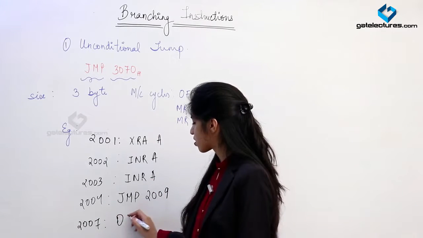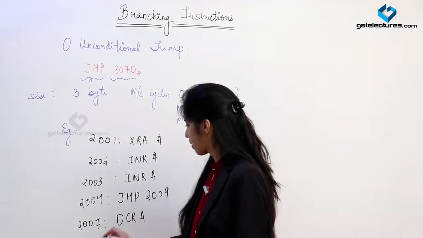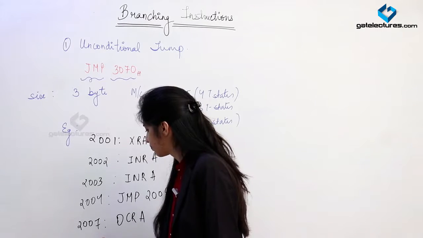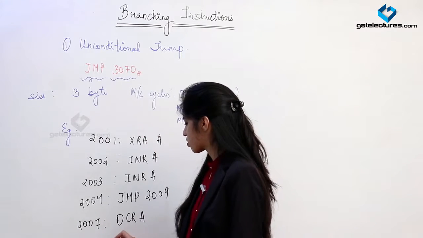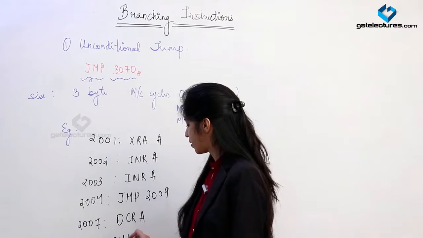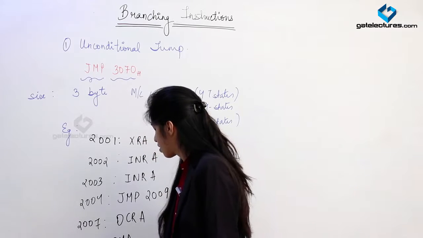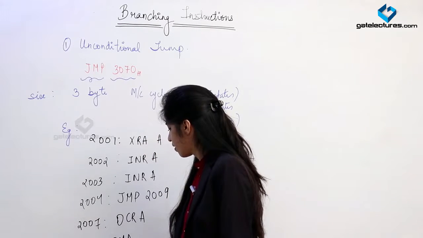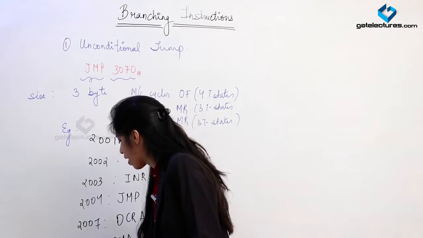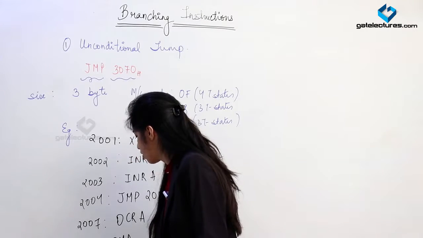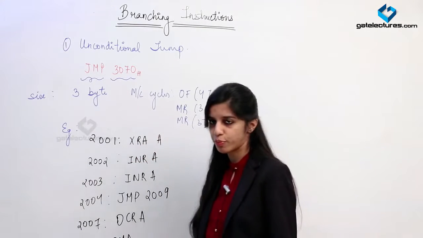Suppose this had the instruction DCR A. Then we had some instruction, say complement A, something like that. And at 2009 you had INR A, and then finally you had halt. Halt means end of the program.